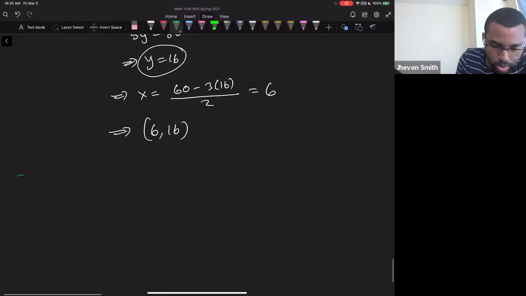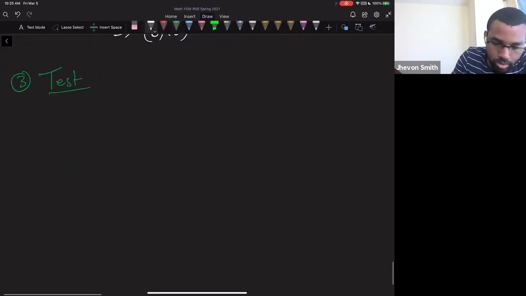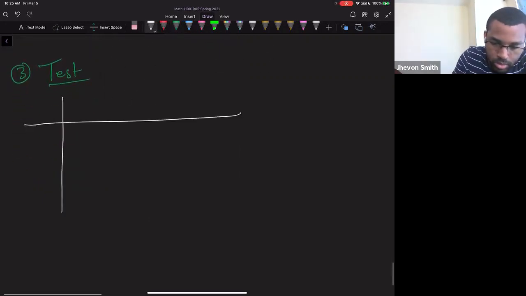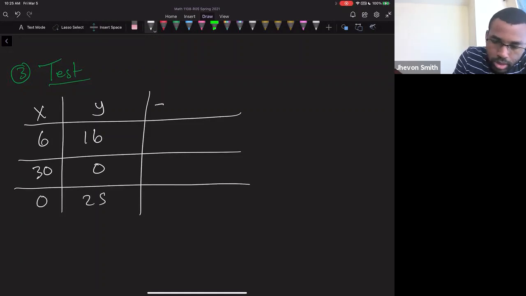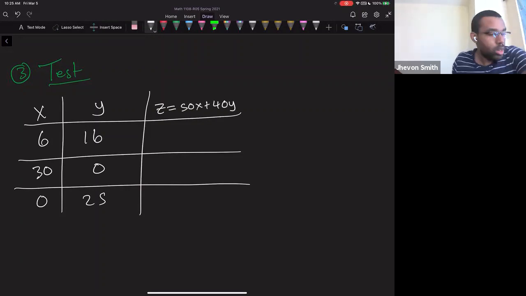So now we're going to test those: 6, 16; 30, 0; 0, 25 into 50x plus 40y. That'll be 50 times 6 plus 40 times 16, which gives 940.